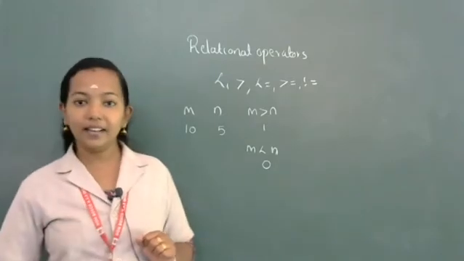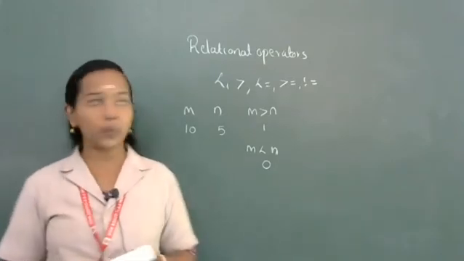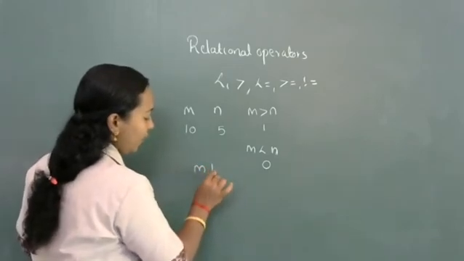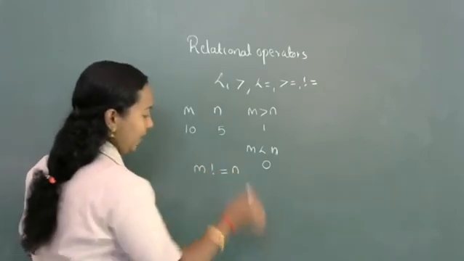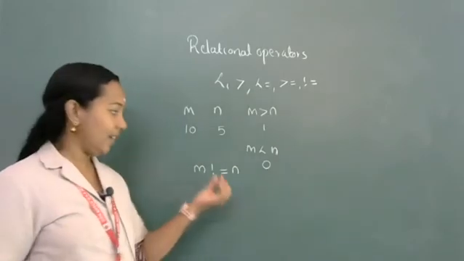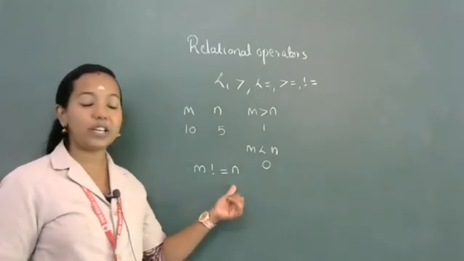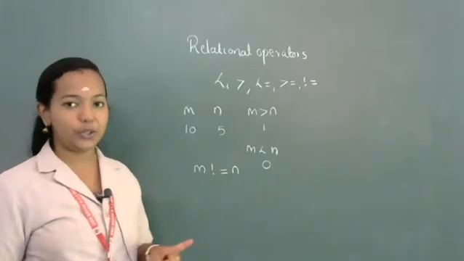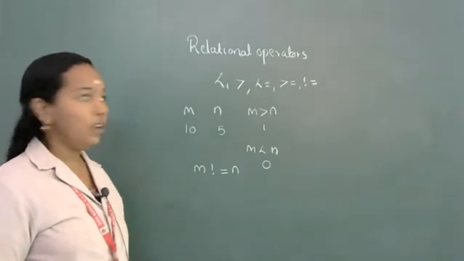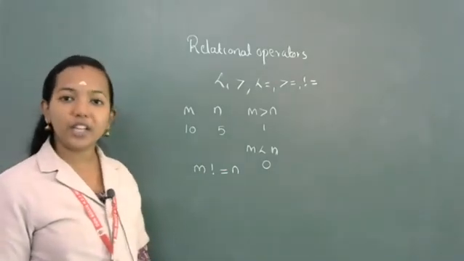Then less than or equal to. Then next one, m != n. M not equal to n. The exclamation mark equal to means not equal to. M not equal to n, what will be the value? 10 not equal to 5, the condition is true.